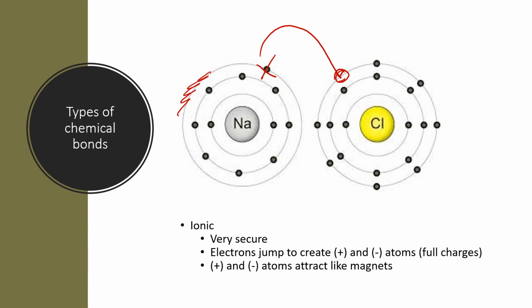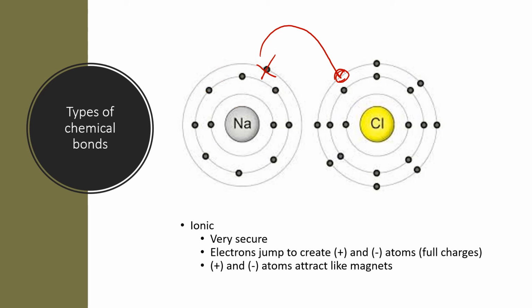Now, sodium doesn't have this valence shell at all because it doesn't have any electrons in it. So where the electrons are is what makes up the valence shell. So now this is its outermost valence shell. And chlorine's outermost valence shell is full. Chlorine is happy. Sodium is happy. They are not neutral, but they are happy.